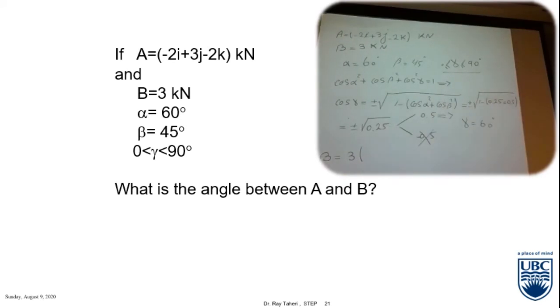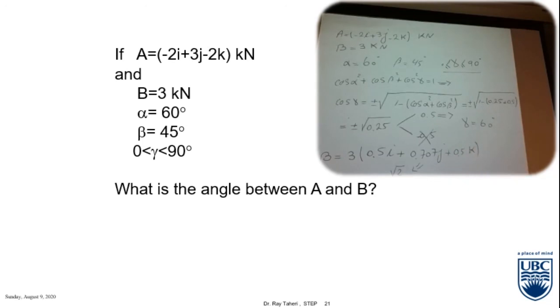What is the unit vector of vector b? It is the direction cosines: 0.5 i plus 0.707 j, bear in mind this is the cosine of 45 degrees, plus 0.5 k.